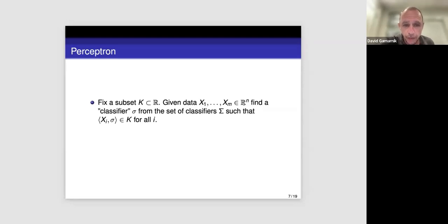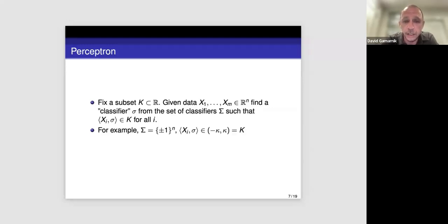Our goal is to find a classifier, this vector, from the set of allowed classifiers, capital Sigma, such that every inner product of this classifier with the data lies in the set K. So for example, and that's the example that we will consider throughout this talk, suppose the set of classifiers is all binary vectors with n entries, n-dimensional vectors with plus or minus 1 entries.